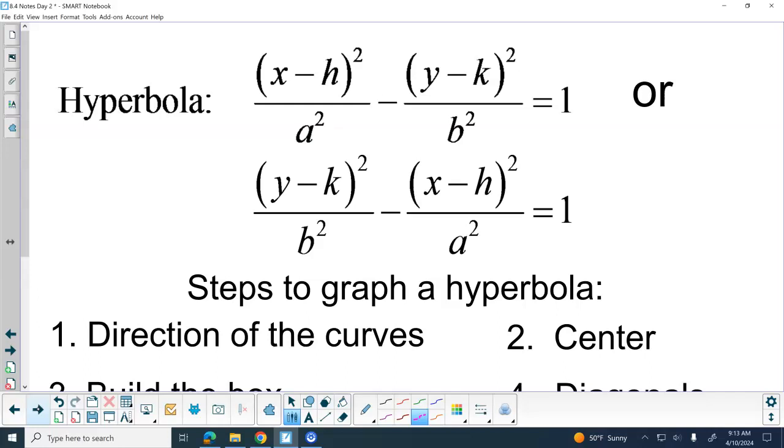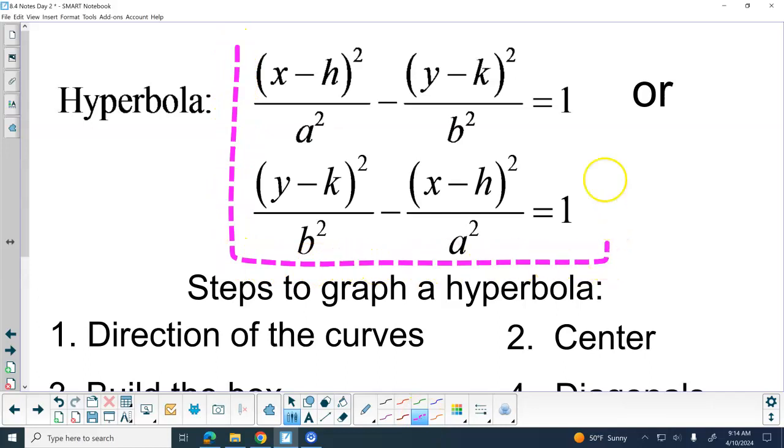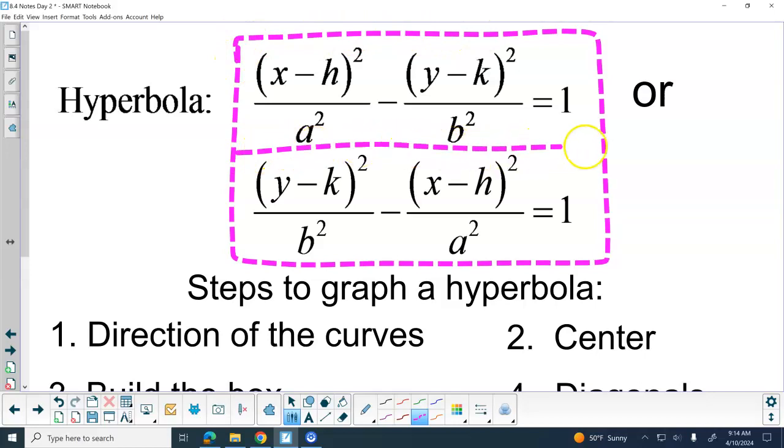So we talked on Monday about graphing hyperbolas. So again, a quick spot check of your supplemental note sheet, making sure that you have all of this stuff written down on said supplemental note sheet. So first off, you should have both versions of the hyperbolas. The top one, is that an up-down or a left-right?